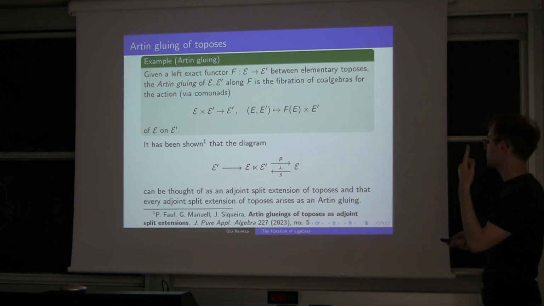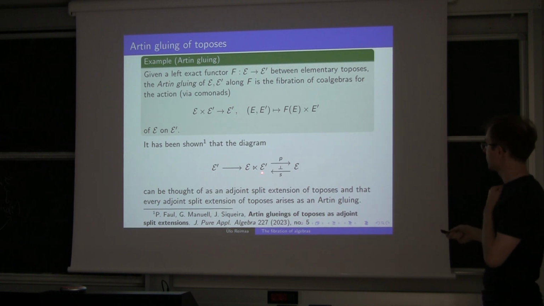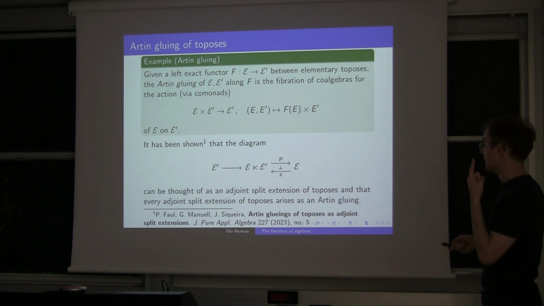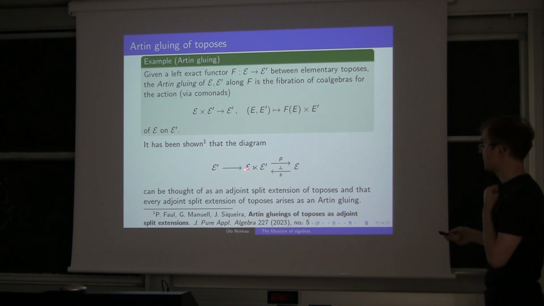But this is of interest because this arcing will now actually be a nice extension. This will be an adjoint split extension, and actually every adjoint split extension will arise by this construction.